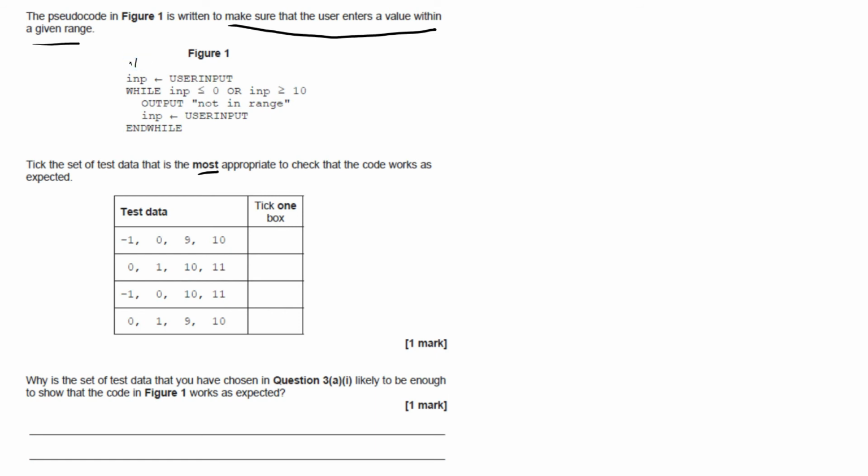So we're inputting something and we're saying while that input is less than or equal to 0. So that means 0 or any number less than that.